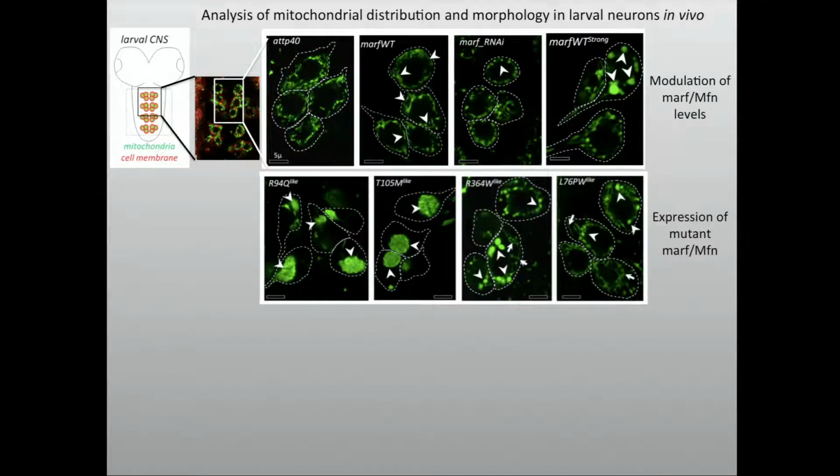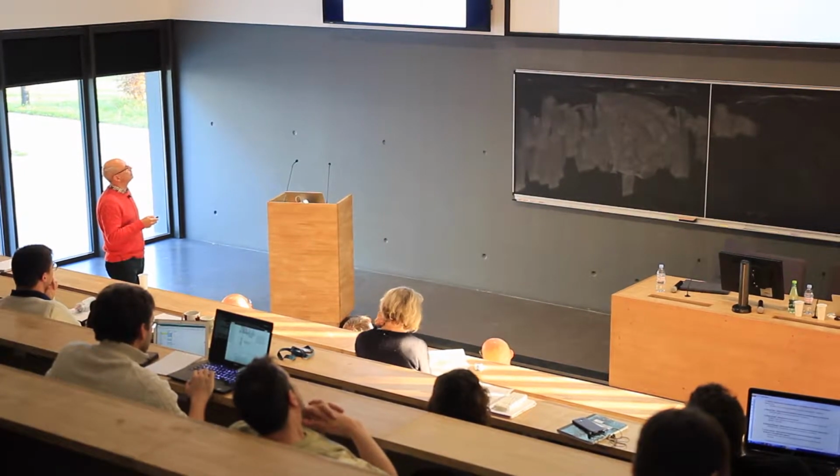So the system allows us to label specifically the mitochondria of the larval CNS. So here are the mitochondria. Okay, this is now enlarged. So these are the mitochondria in neurons in the wild-type situation.